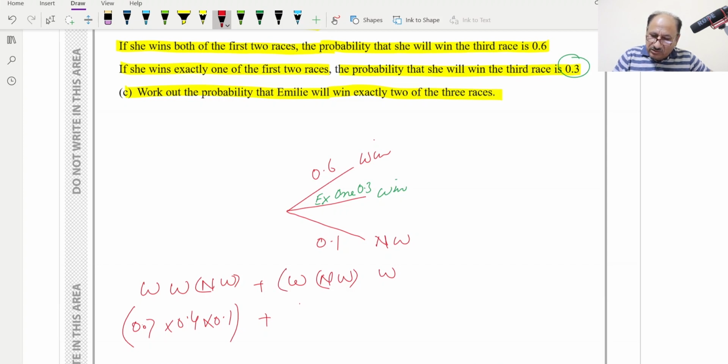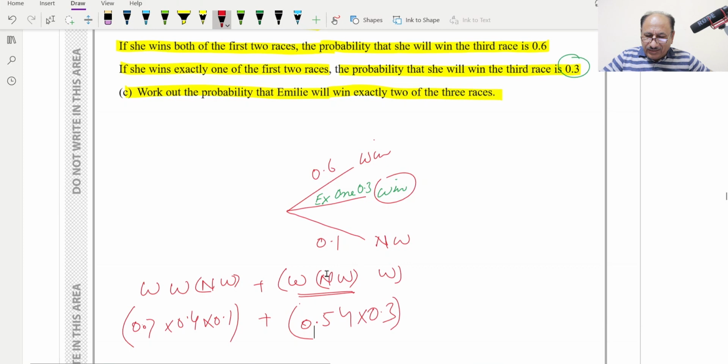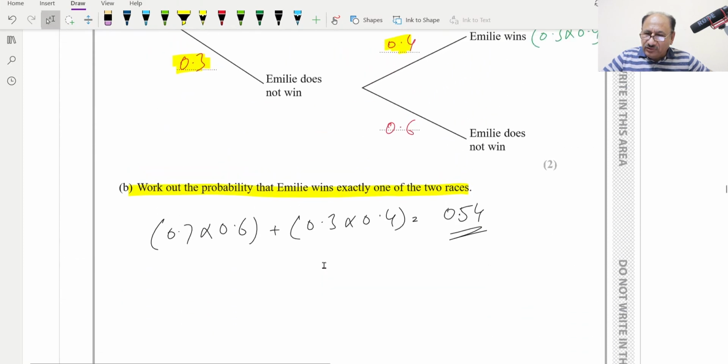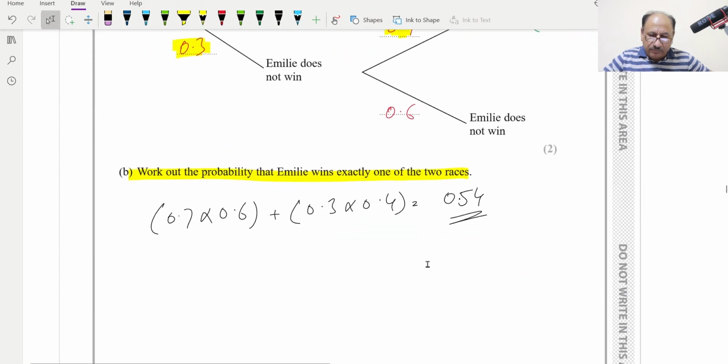In this one we are considering exactly one win, which will be for these two, and this will be 0.54, and for the last win it is 0.3, so multiply by 0.3. This 0.54 we have taken for exactly one win, which we calculated over here in part B.